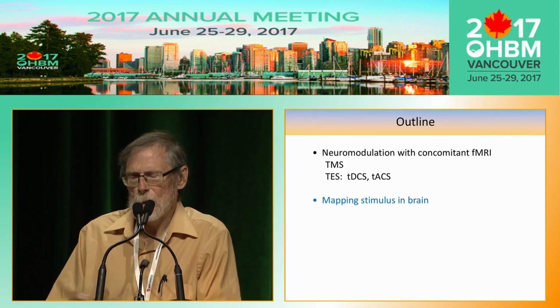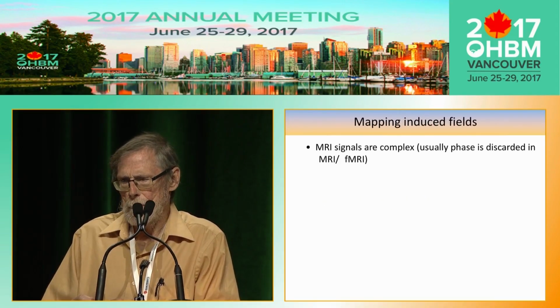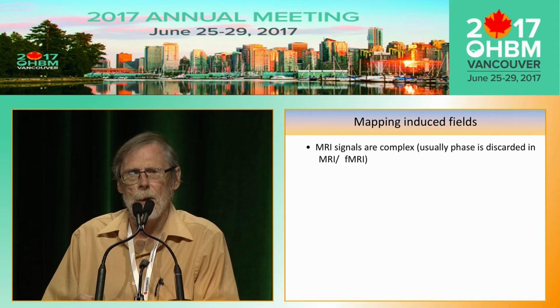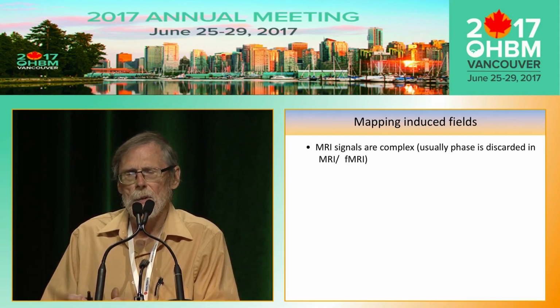So let's switch to looking a little bit at mapping the stimuli in the brain. MR signals are complex, and usually we throw away the phase information because it's not very interesting when we're looking at typical fMRI experiments, and because the phase often changes for reasons that we don't know or care about.